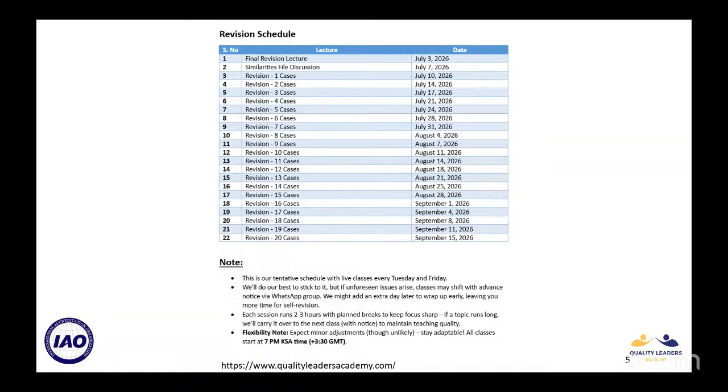So I'm not going to read through all these dates. You have this schedule posted on the WhatsApp group earlier, and it will also be available on the LMS platform. But I want you to notice something. We don't just teach you the concepts and say goodbye.